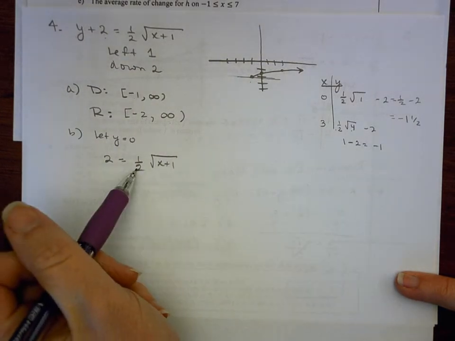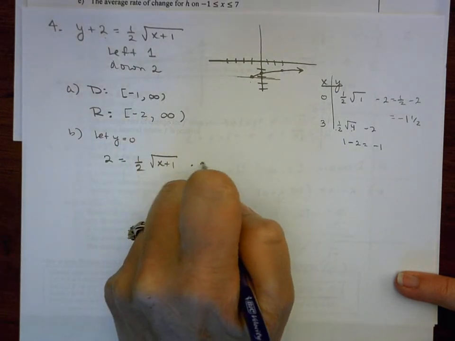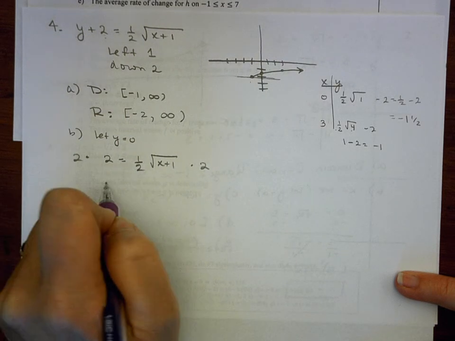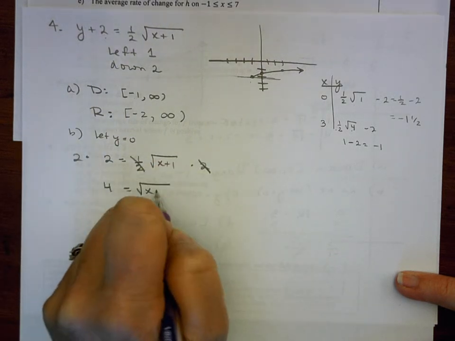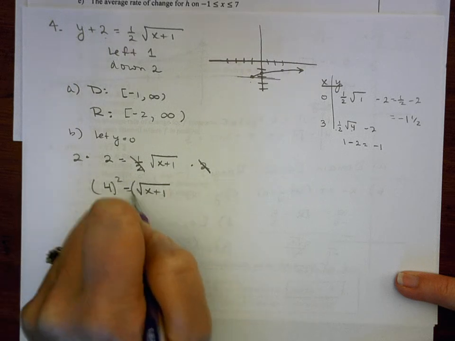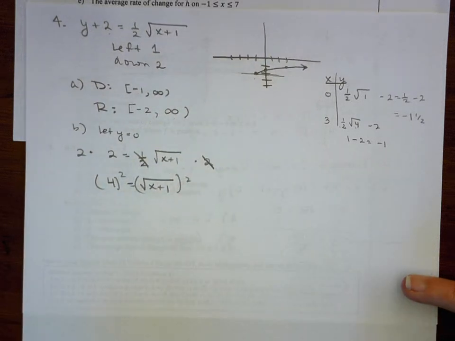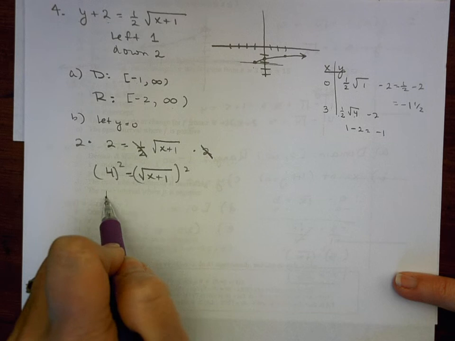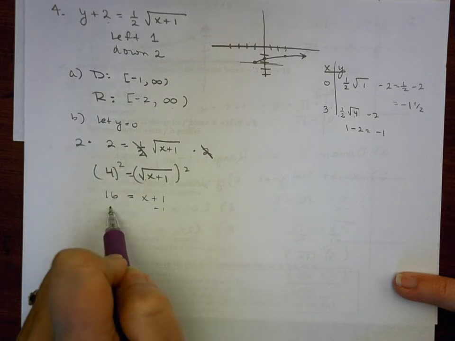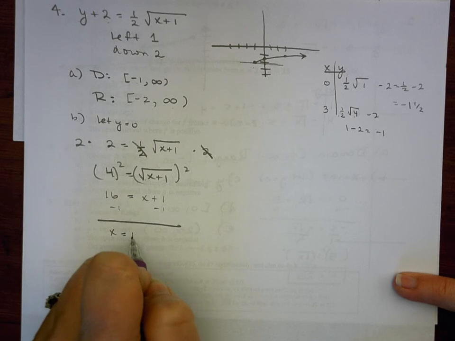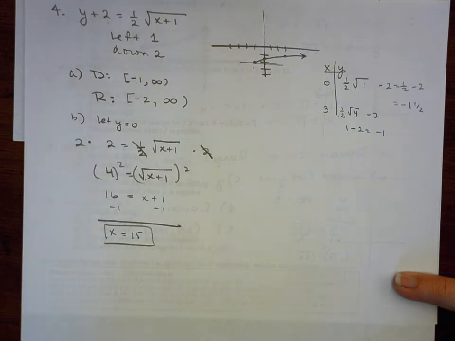So I'm going to multiply by 2 over 1, which is the same as multiplying by 2. Then I'm going to square both sides. So that would be 16, and then equals x plus 1, and then subtract 1. So my x-intercept is at 15.